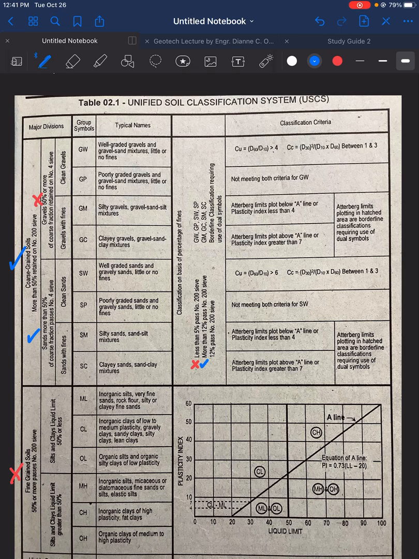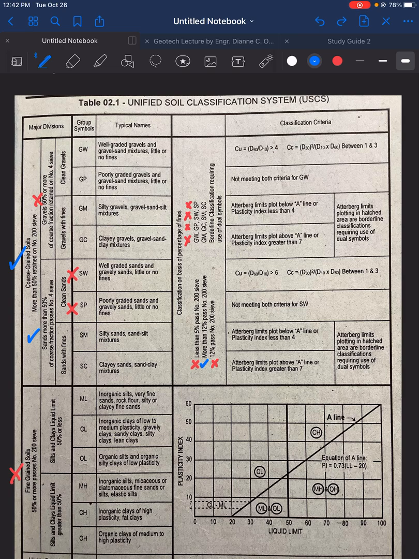Then it says here 5 to 12% passing number 200 sieve, no. Therefore, this 4 here is eliminated. So what are those that have been eliminated? Obviously, gravelly was already eliminated a while ago. What's eliminated here is SW and SP. So we will choose between SM and SC.